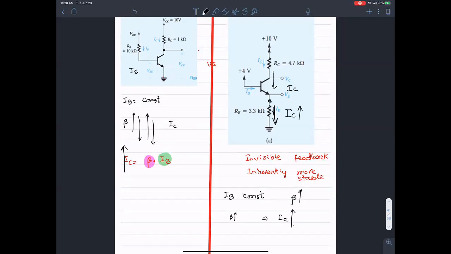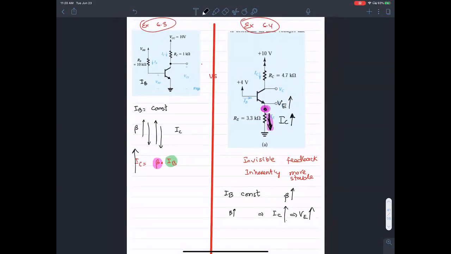What do you think happens to VE? That's the voltage on this guy, right? If there's a large current flowing through the resistance here, VE is going to be large. If there's a small current flowing in here, there's going to be a small value of VE. So as IC increases, would you agree with me that VE increases?